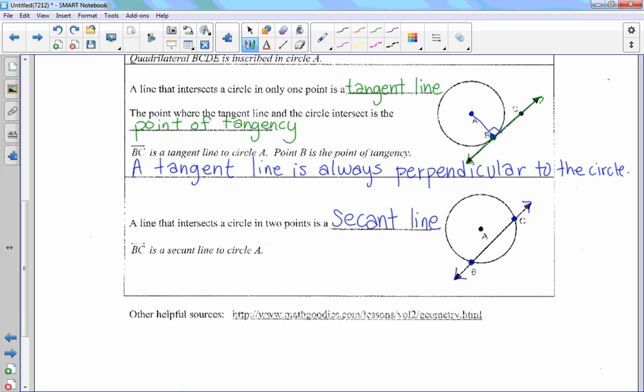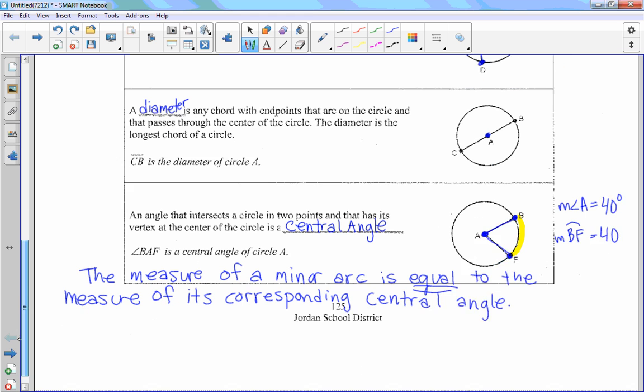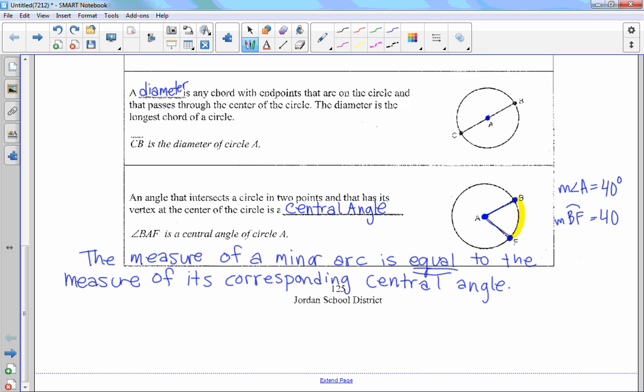So, a quick review about our angles that we talked about. On the front page, this central angle where the vertex is in the center. A central angle where the center is where the vertex is. This angle has what relationship to that yellow arc it creates?